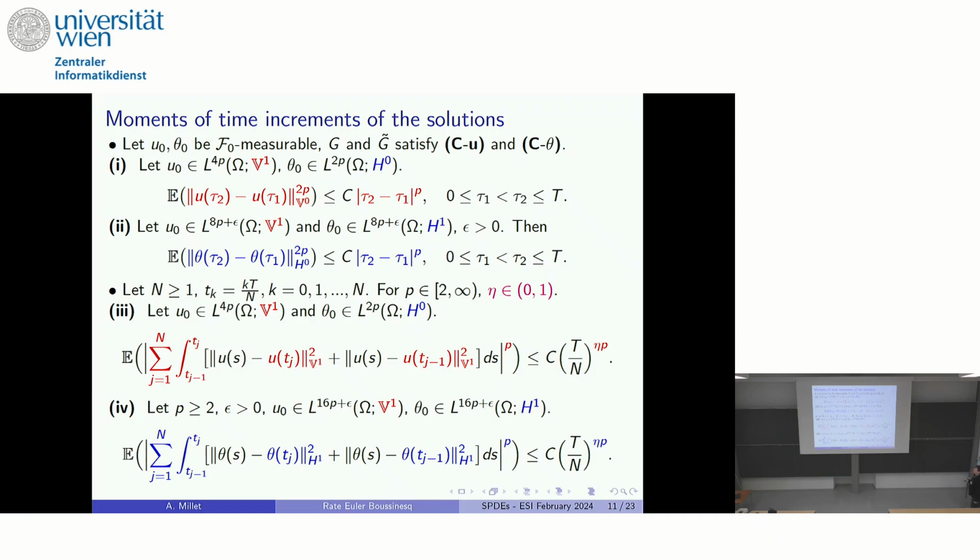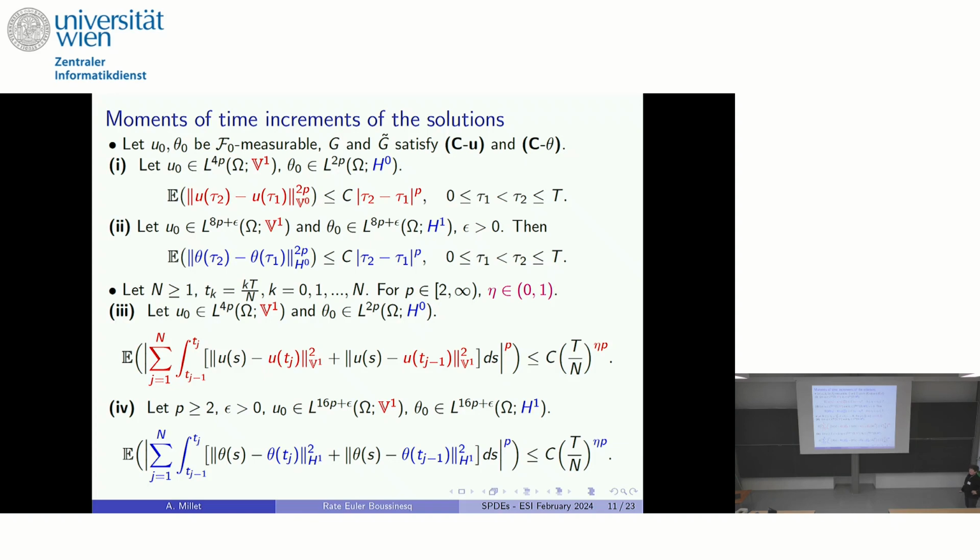And now what's going on here? I'm looking at what's going on in a small time interval, Tj minus 1 to Tj. I take any point s that runs in this time interval, and I compare U of s either with U of Tj, at the end point, or U of s with U of Tj minus 1, at the starting point of this time interval. I square, I integrate in time on this small interval, I add all these small time intervals, I raise to the p, and hope that when I take the expected value, everything is well behaved.